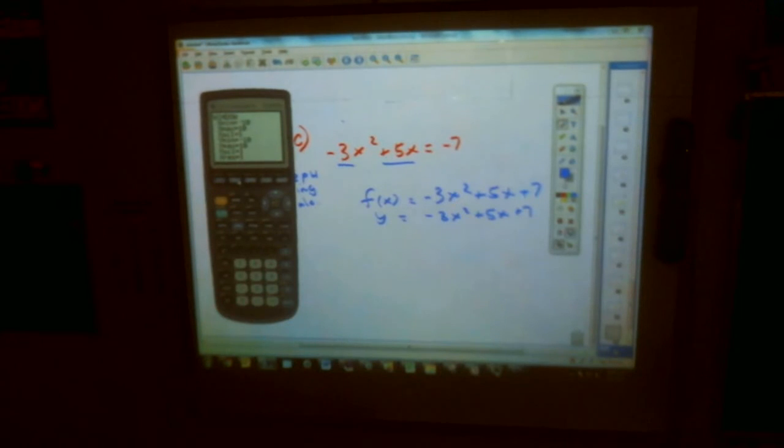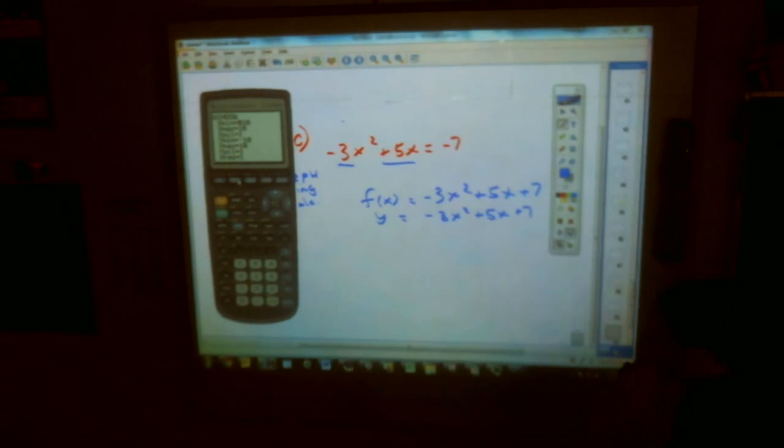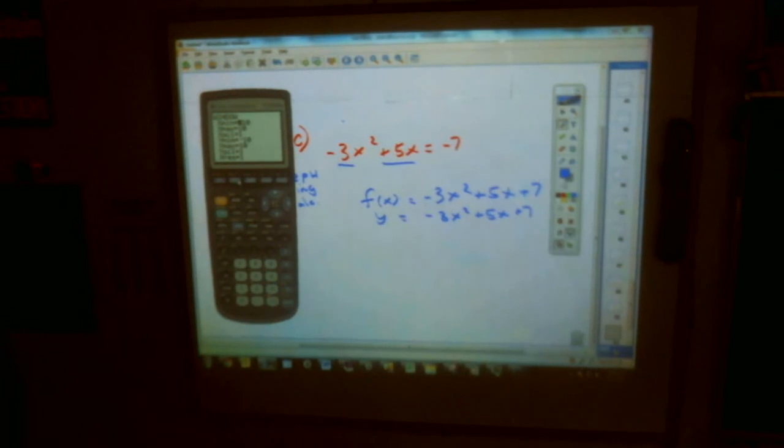Invalid dimension. You probably hit a button. Now, unfortunately, that was nowhere near the confusing thing.